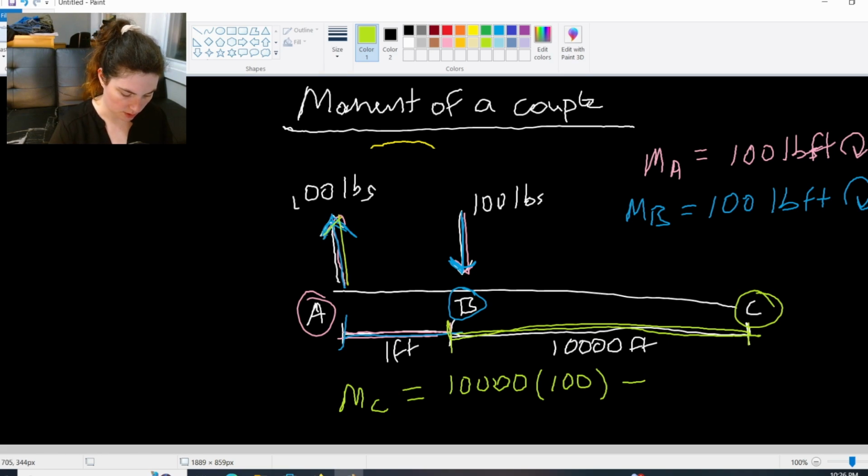Minus, because this one is going in the clockwise direction, minus 10,001 feet.